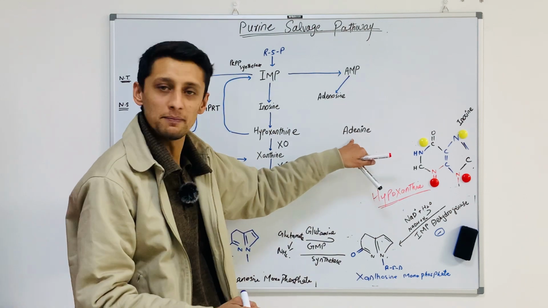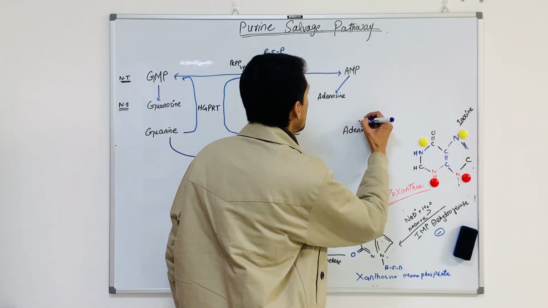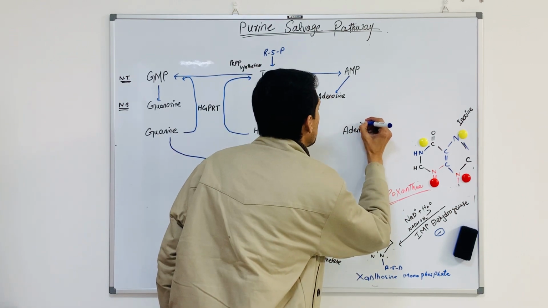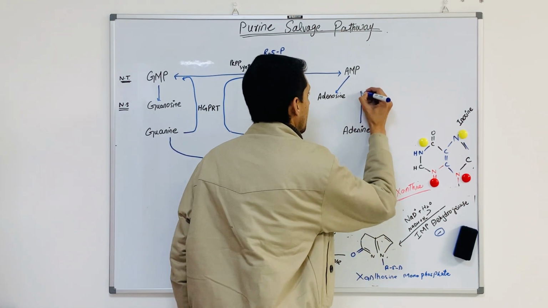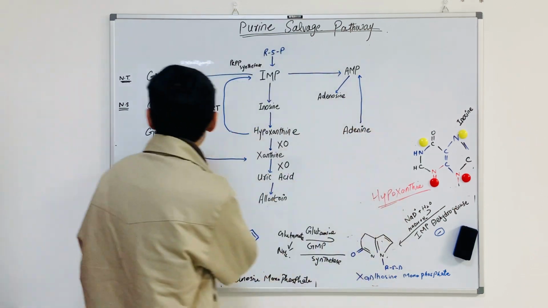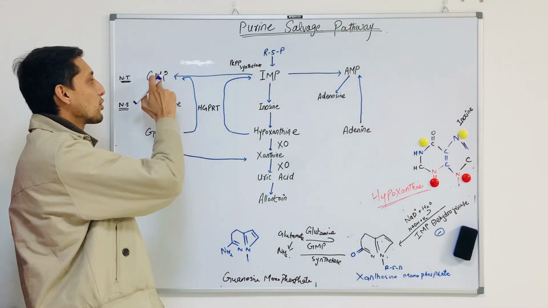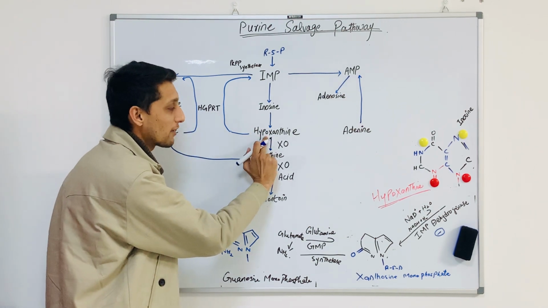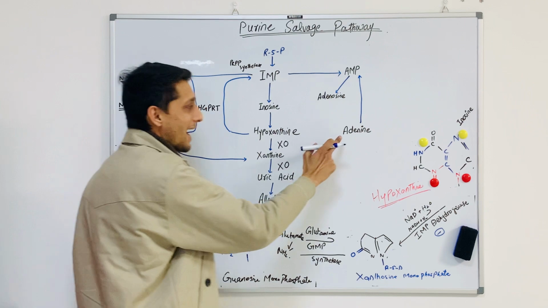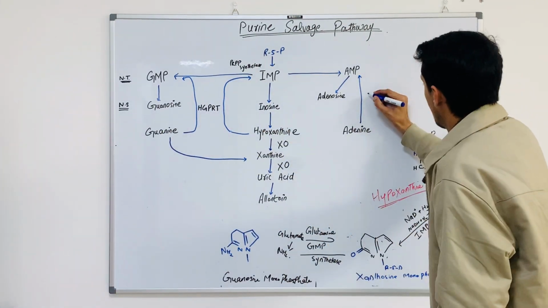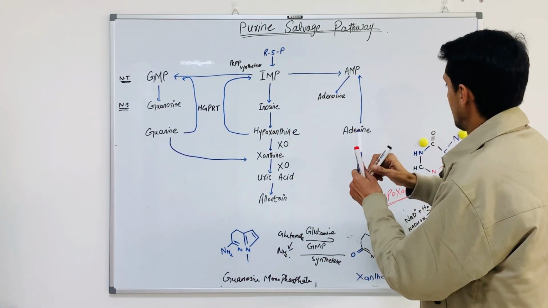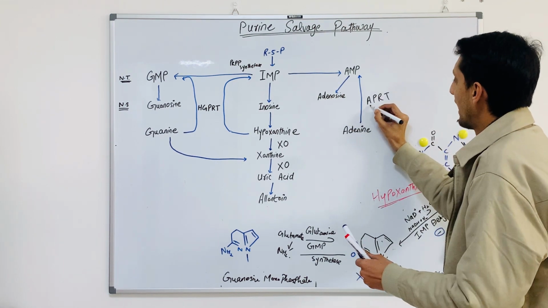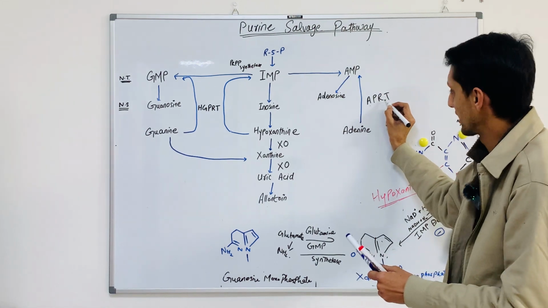Now, adenine is a free base that will get converted into adenosine monophosphate. Similarly, let me tell you, as for guanine to get converted into guanosine monophosphate, HGPRT is required, and that is the same enzyme required for hypoxanthine to get converted. For adenine, APRT is required, adenine phosphoribosyl transferase.